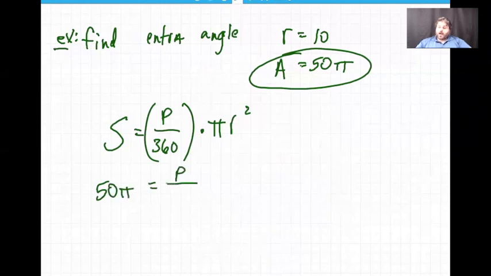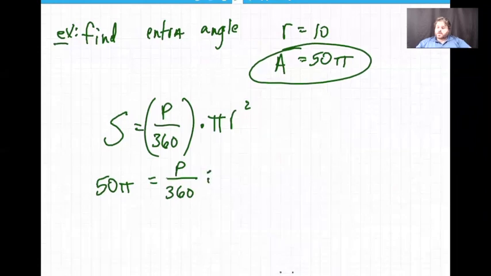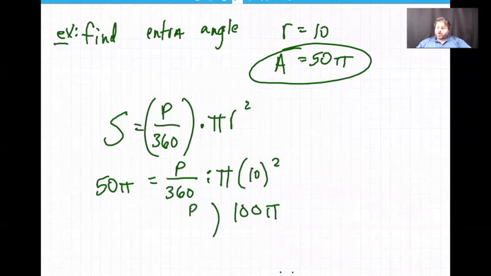The part is what we're actually looking for here. We're looking for that central angle times pi r squared. 100 is 10 squared, so we have pi times 100, times the part we're looking for over 360, and that equals 50 pi. So basically I just need to solve for p here.